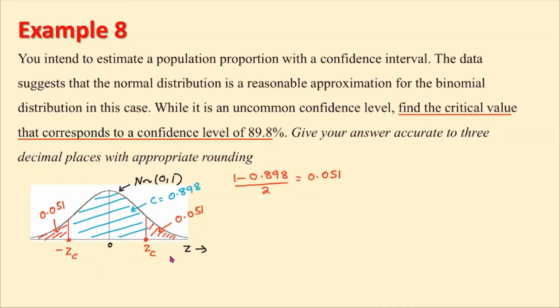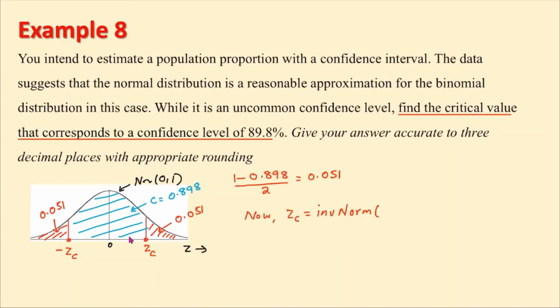So now we know how to find Z critical, the value along the x-axis. If we want to find the value along the x-axis, that is inverse normal, with the area to the left. You can see the area on the right is 0.051 or 5.1%, so the remaining area will be 94.9%.